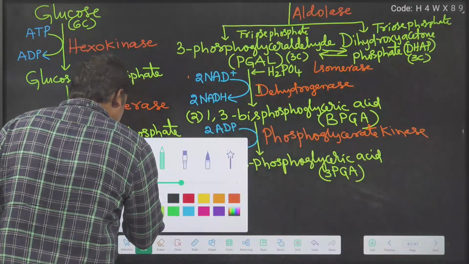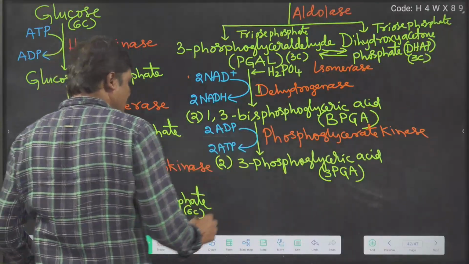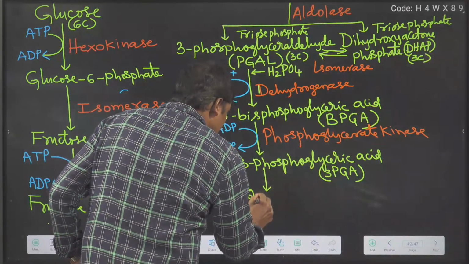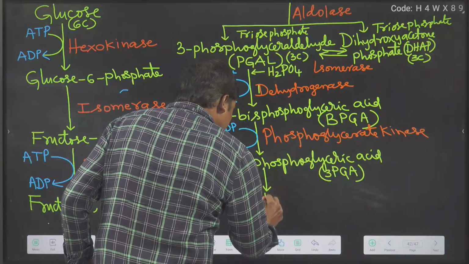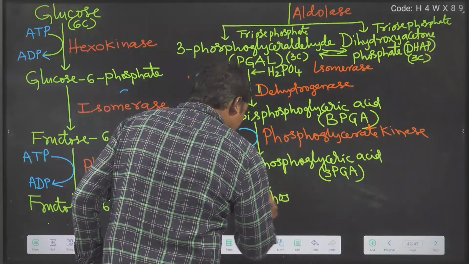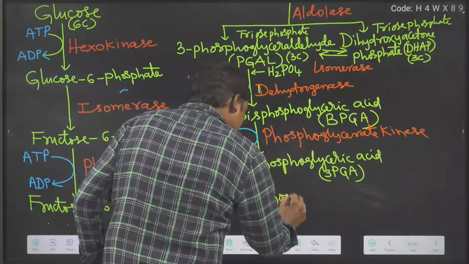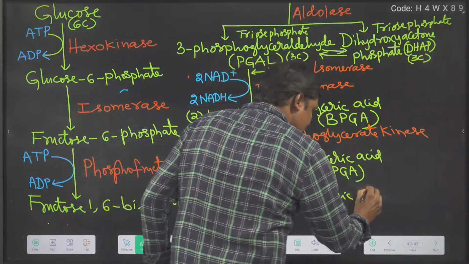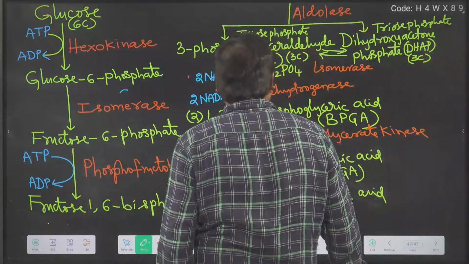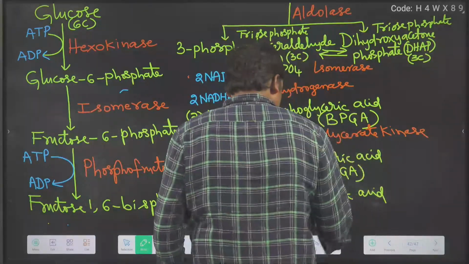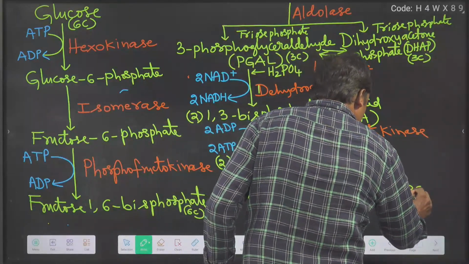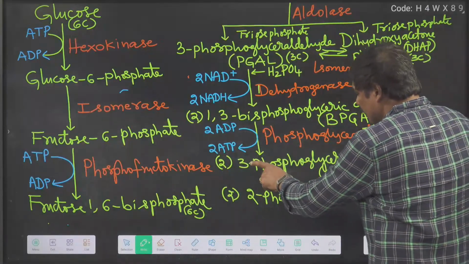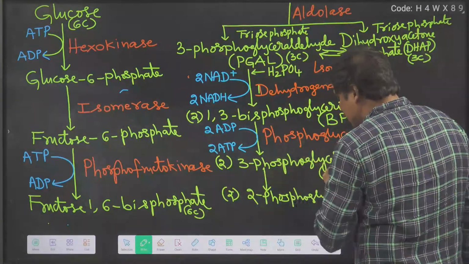Okay. Next, 3-PGA becomes 2-phosphoglyceric acid, 2-PGA in shortcut. So intramolecular shift: phosphate is present at the third carbon, right?